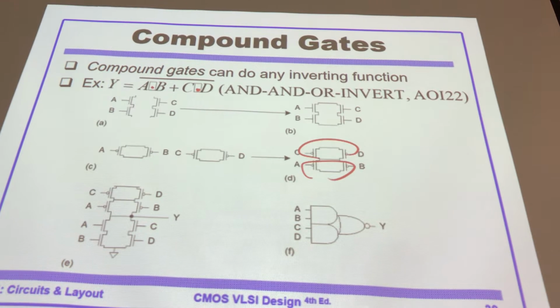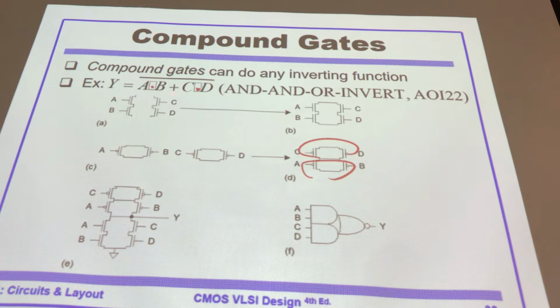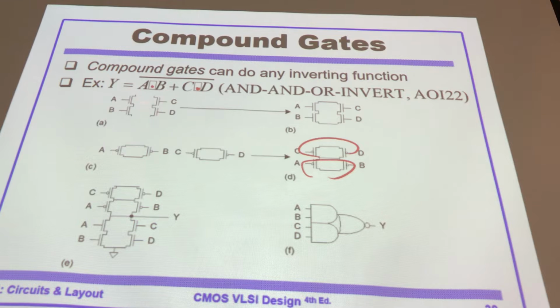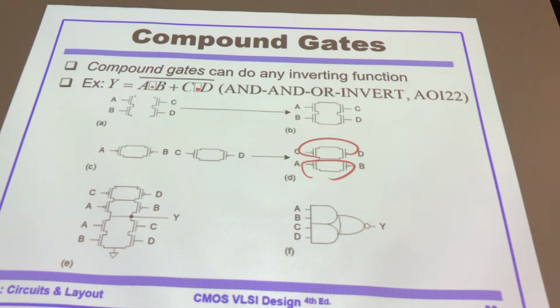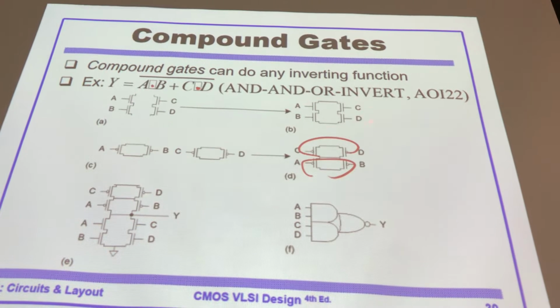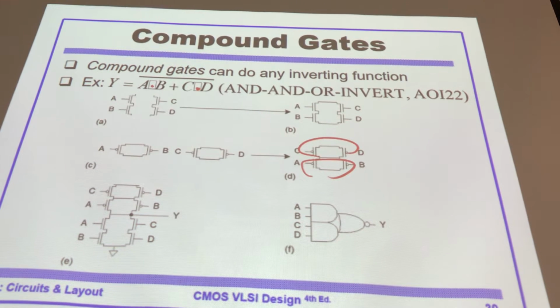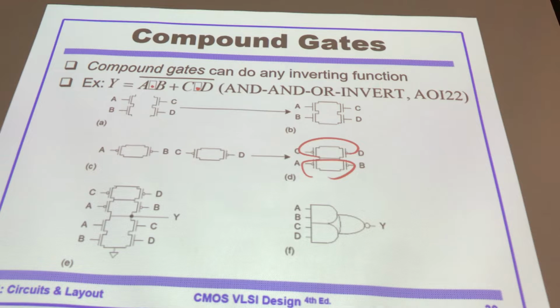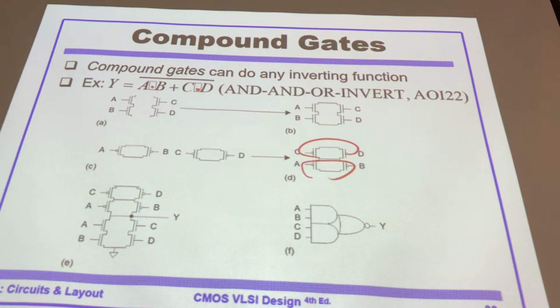So, given a compound gate, another example, A and B or C and D, bar. So how do you divide the circuit? Well, it's easy. A dot B must be in serial. C dot D must be in serial. And AB and CD all together must be in parallel like that, right? And that's going to be your pull down network, the NMOS network at the bottom, right?